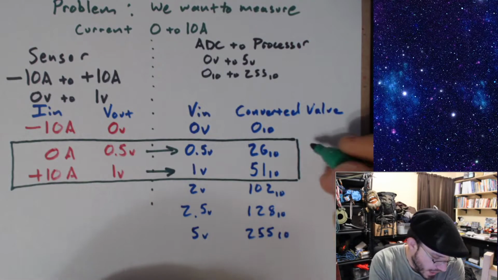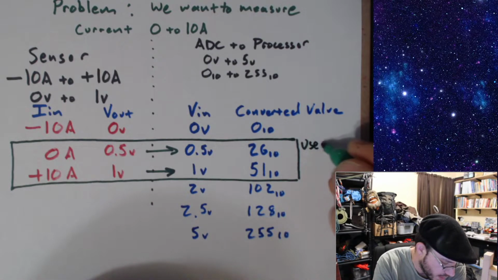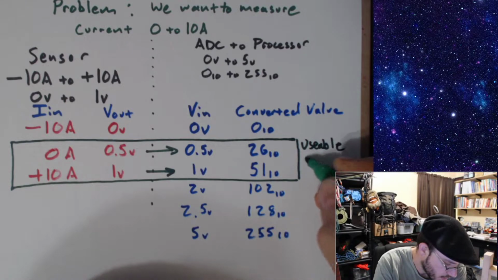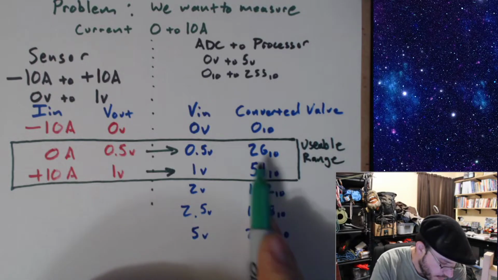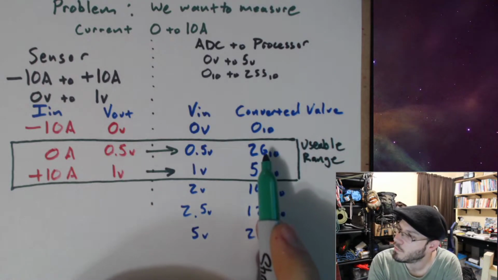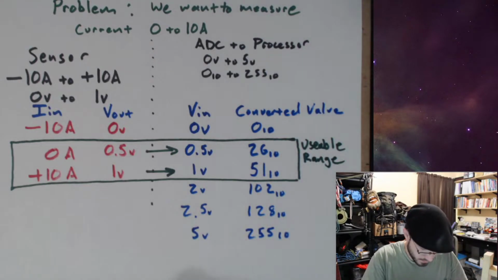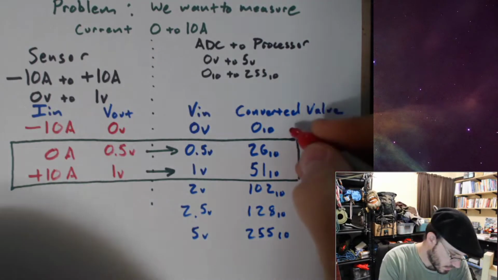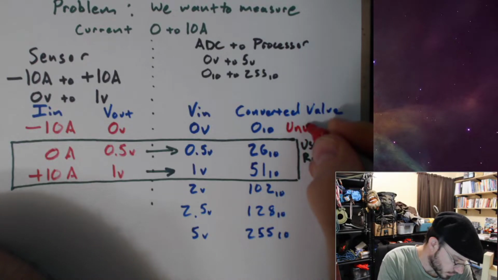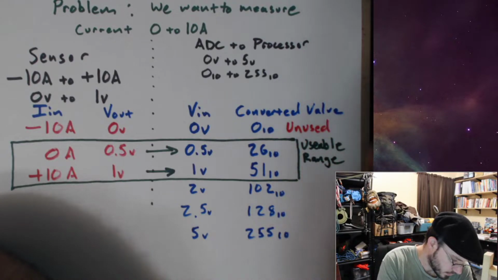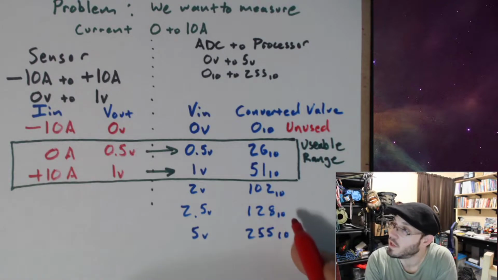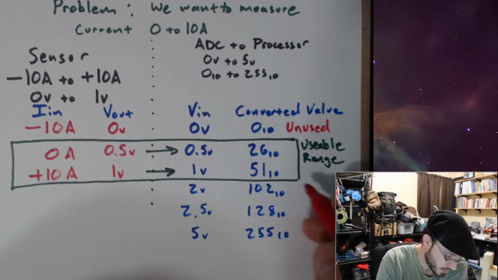And so I'm going to go ahead and call this my usable range. Everything below the value of 26 is unused. Everything above 51 is also unused.